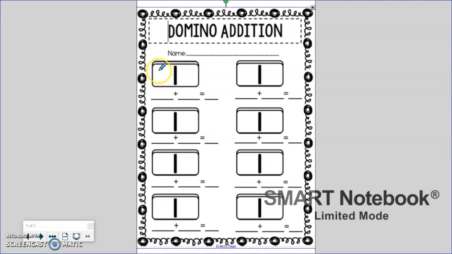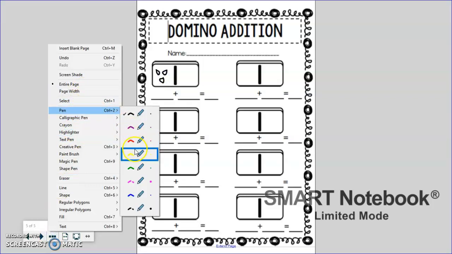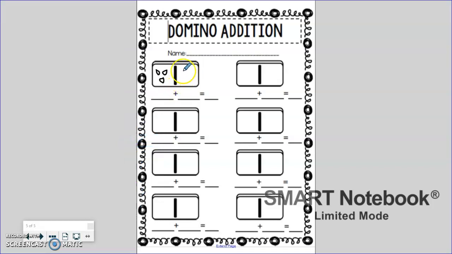Maybe you want to make these dots black. Here we go. 1, 2, 3. And maybe on the other side, you want to use a different color. Maybe I'll use red. And maybe I'll put 1, 2, 3, 4 dots on the other side.